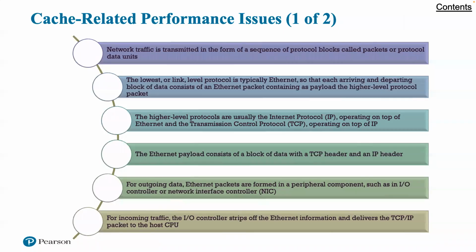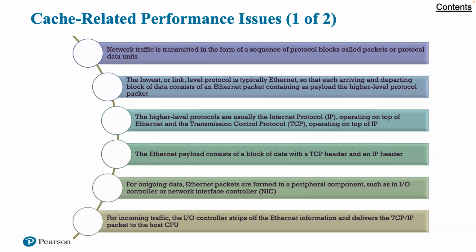Okay, let's continue with cache-related performance issues. Network traffic is transmitted in the form of a sequence of protocol blocks called packets or protocol data units. The lowest or link level protocol is typically Ethernet, so that each arriving and departing block of data consists of an Ethernet packet containing as payload the higher level protocol packet.